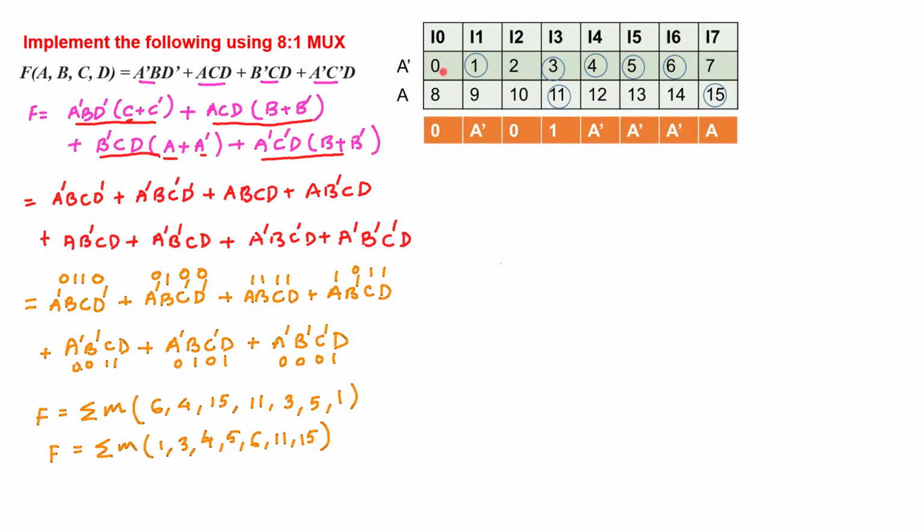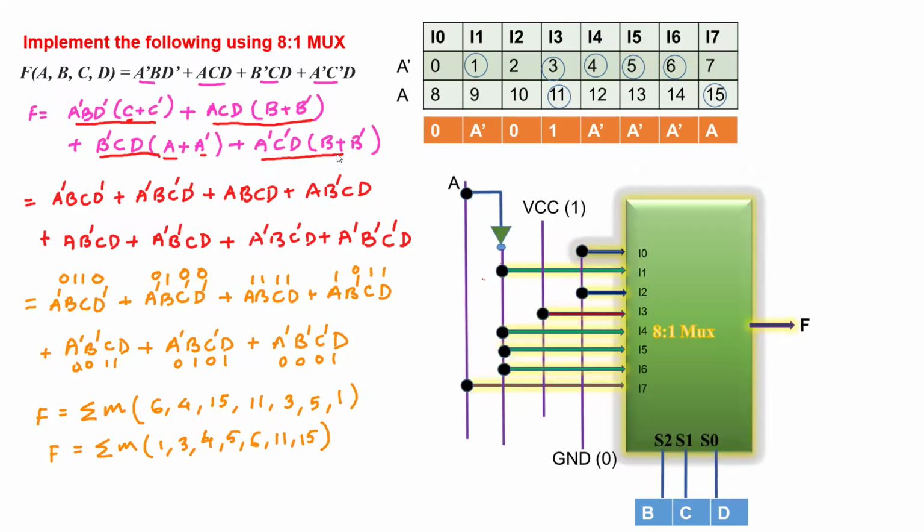Then we have these 16 entries: 0, 1, 2, 3, 4, 5, 6, 7, 8, 9, 10, 11, 12, 13, 14, 15, and the two rows are marked as A bar and A. So what you see here is the 8:1 mux where the input data lines I0 to I7 are there, and we have to decide which line is connected to what.